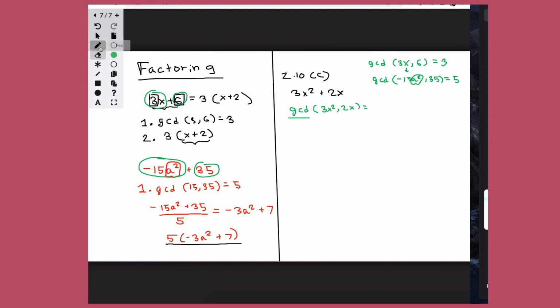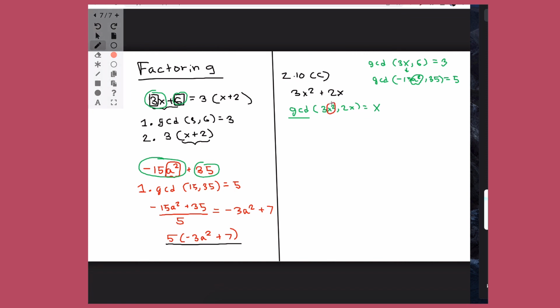So over here, the GCD of 3x squared and 2x would be x, right? Since the 3 and the 2 only have 1 in common, that doesn't contribute anything to the GCD.